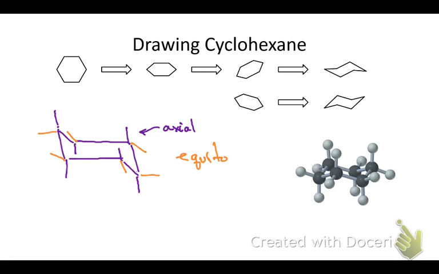Equatorial because they're on the equator, and they're pointing out like the equator. Equatorial. So you're going to have to be able to draw this, right? So you'll have to practice doing that. It takes a little bit of practice getting used to where things are.